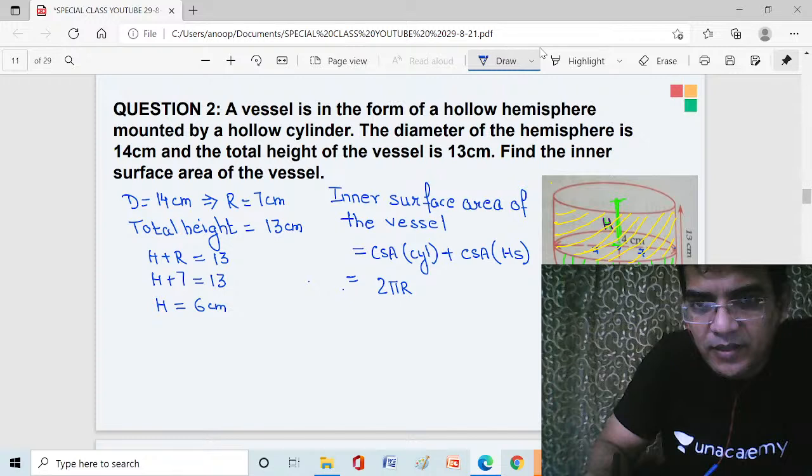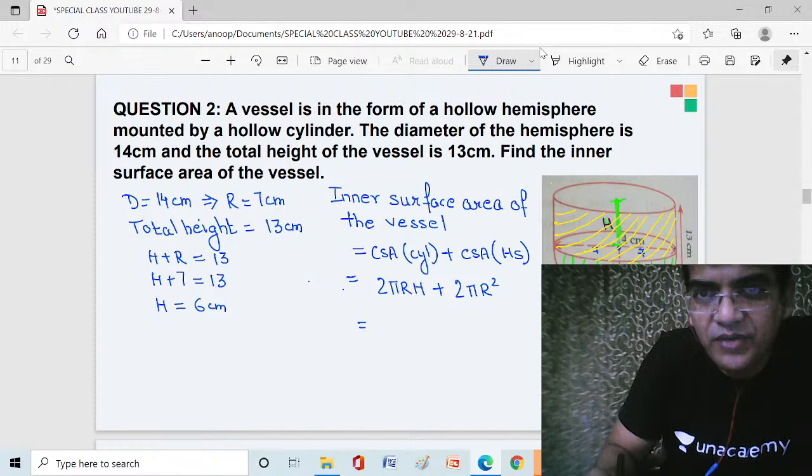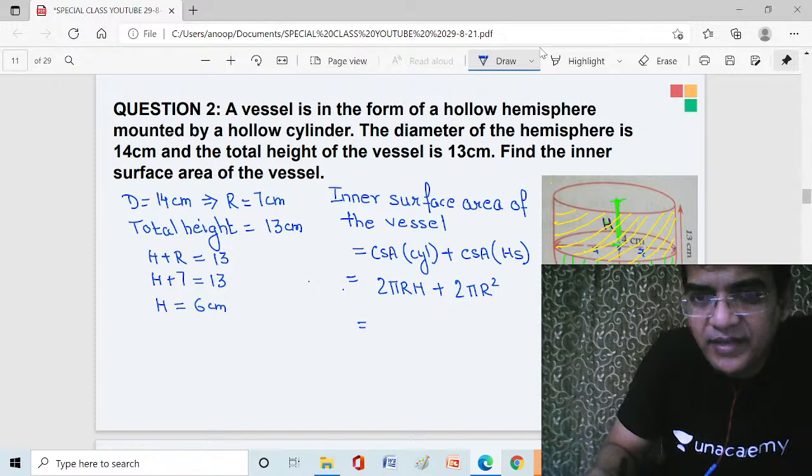Again, I told you, if you want to make your calculation easy, try to take common. See, 2 pi is common, and the radius is also common because both have the same radius. So I can write 2 pi r, and within the bracket h plus r, right?